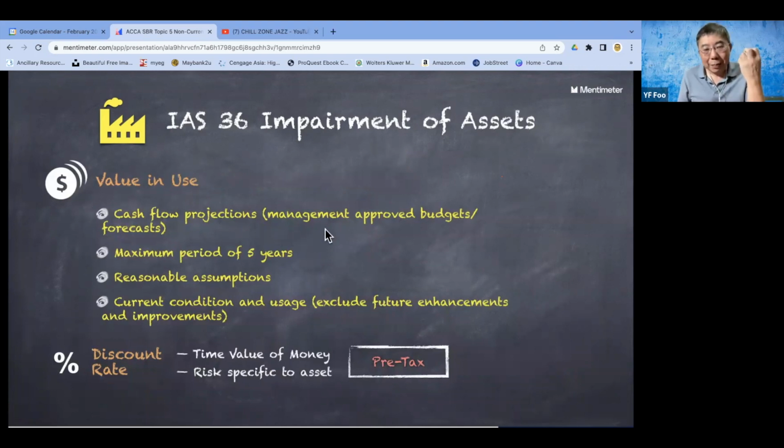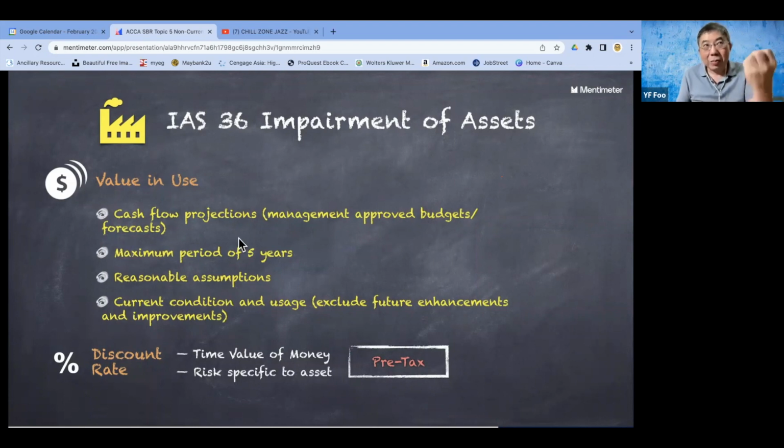They are what the management have forecasted that they are going to be able to use the asset for. So if you're talking about, for example, a machine or a factory, you want to project that cash flow in future, then it must be based on management's projection. No other person can project it, because management will know what their plan is for that asset, what they are going to use that asset for. So it's always going to be based on management approved budgets and forecasts.